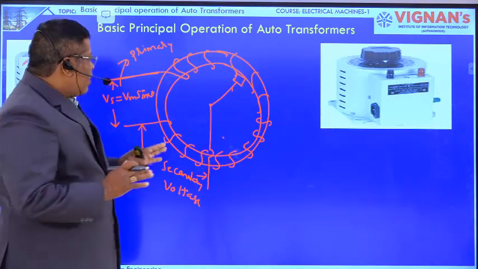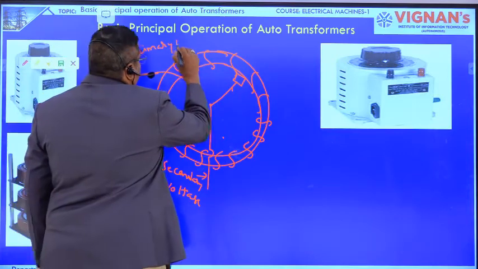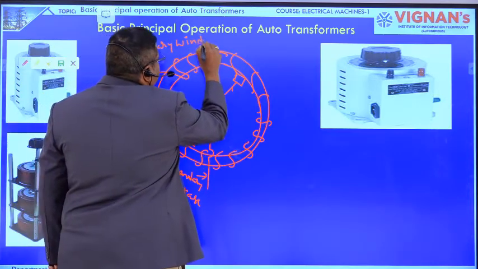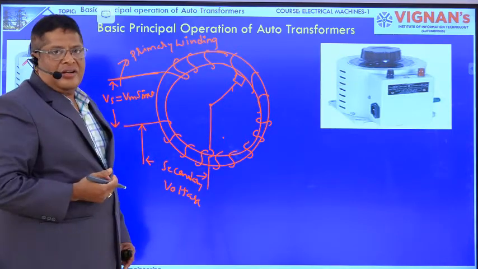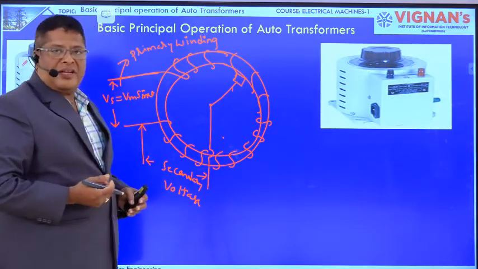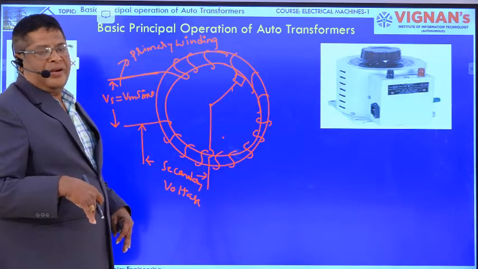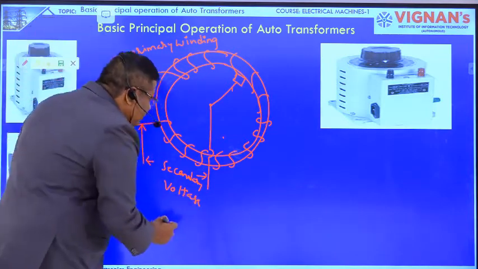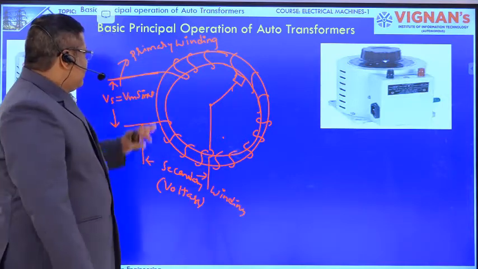Some portion of the coil is common to both the primary winding and the secondary winding. The primary winding is where we give electrical energy to the equipment. The secondary winding is where we take the electrical power from the equipment. In this case, the equipment is the auto transformer.